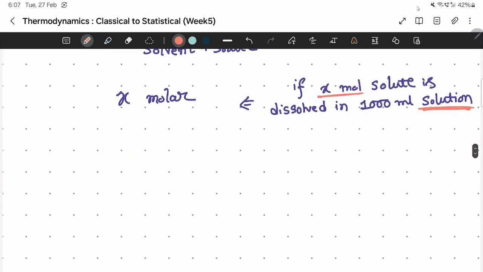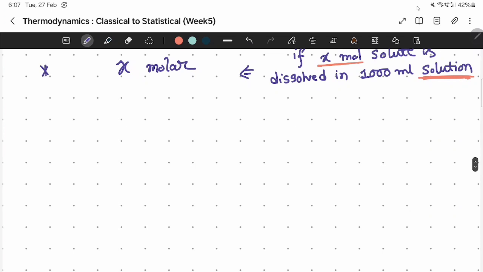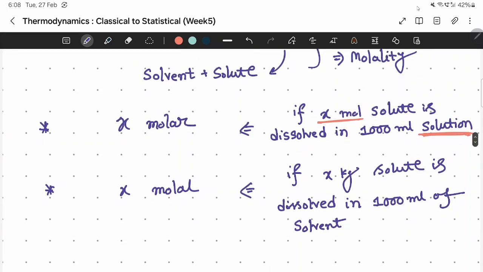In case of molal, if x mole of solute is dissolved in 1 kg of solvent, then it is called x molal. So both are not equal.